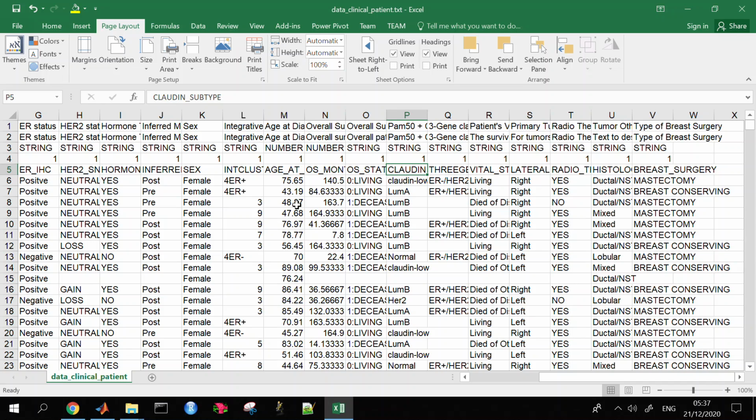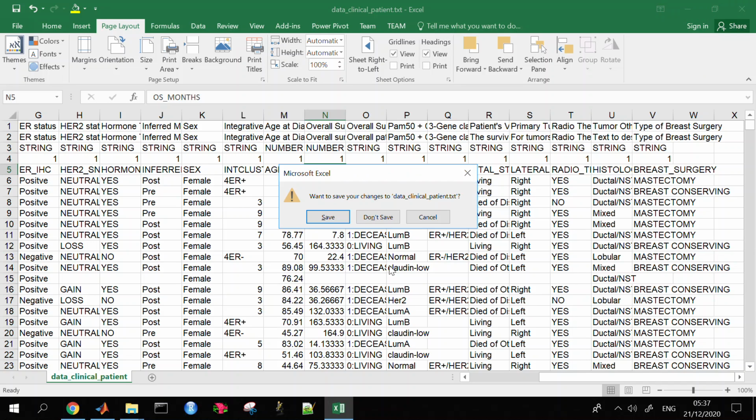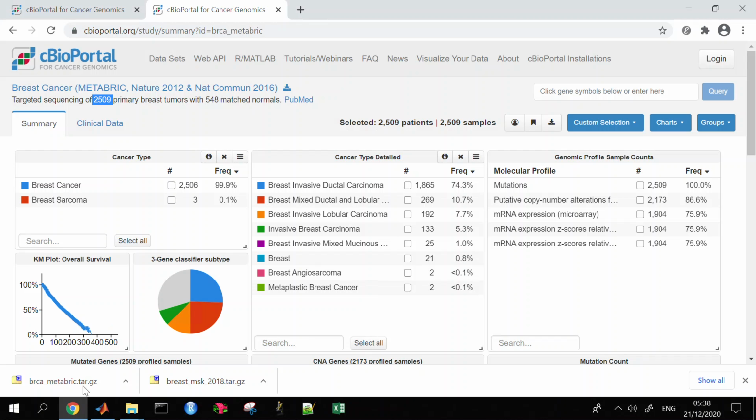So just know that there is a possibility to look for this column, but thus far we are not dealing with this. But overall survival in months and overall survival status are important. And sometimes it's overall survival in days and not months, so it's also something to pay attention to.